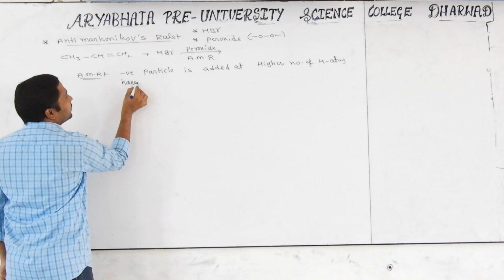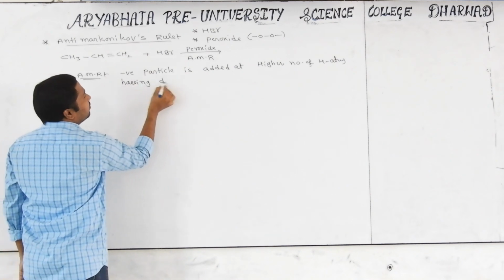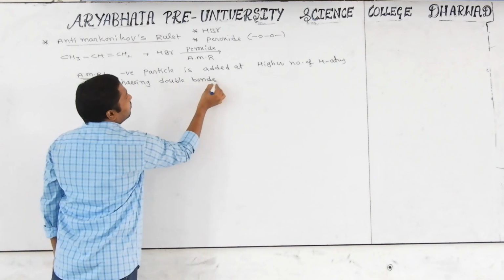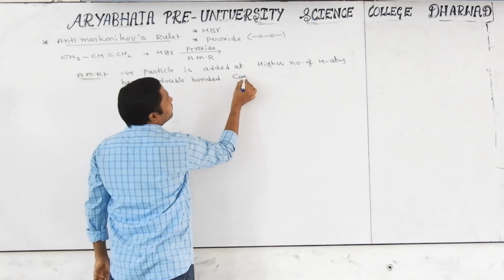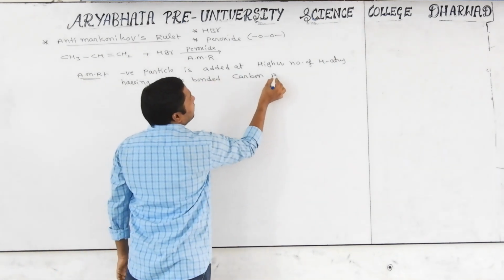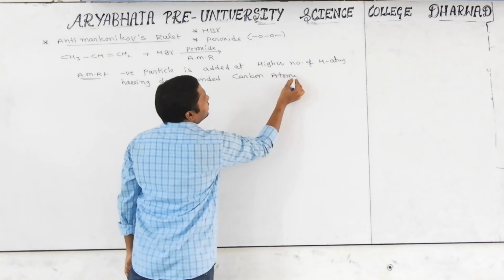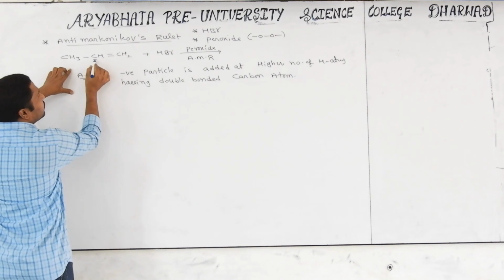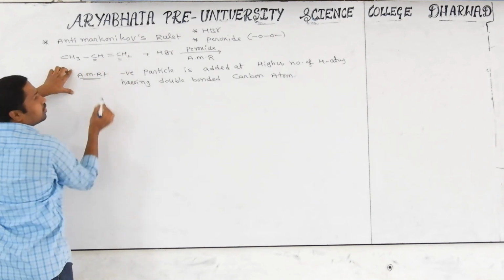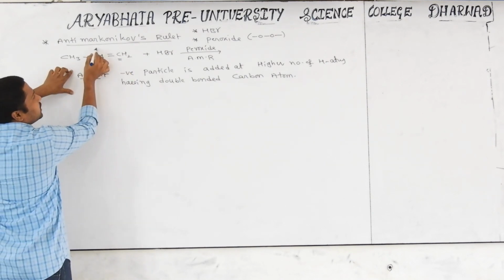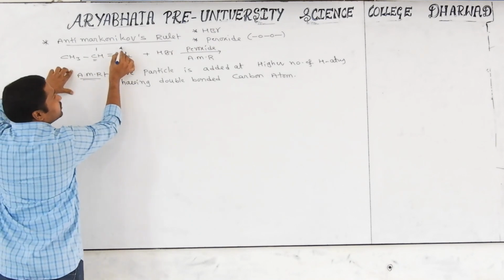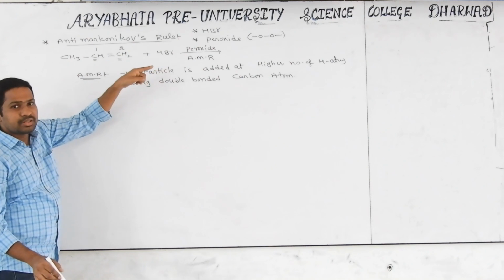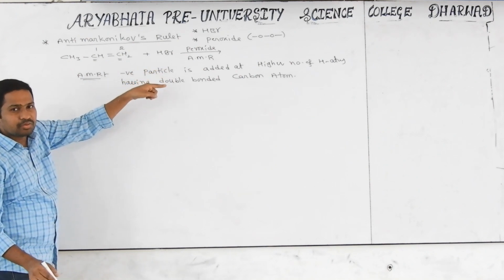Later I will explain the mechanism. First you see what the statement is. Here this is the double bond carbon, this is also a double bond carbon atom. Here how many hydrogens are there? One hydrogen. Here how many hydrogens are there? Two hydrogens. When we are using peroxide, the reaction goes according to the anti-Markovnikov rule.